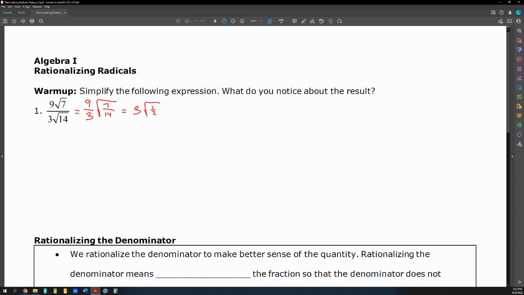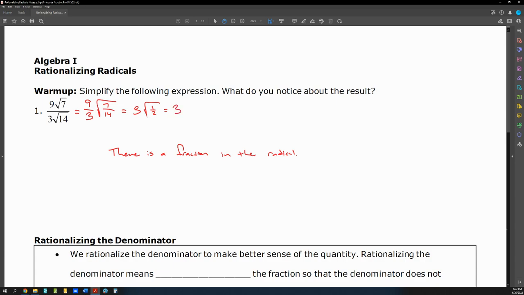In your own words, see if you can summarize what you notice about our result. Well, one thing I notice is that there is a fraction in the radical. You may have actually gone a little bit further and separated this back out into a quotient of two radicals.